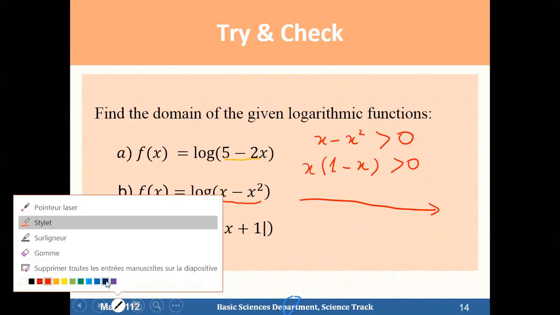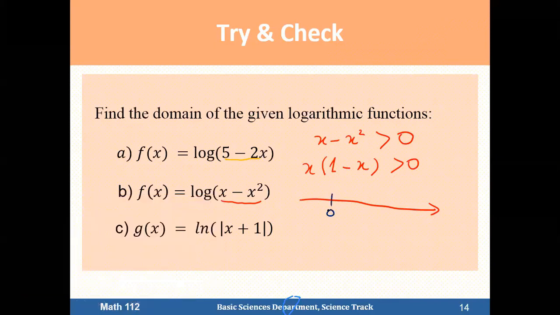You take your point 0 and 1 and you take 3 نص. الآن تاخذ x equal 2 وتعوض هنا تعطيك 2 في 1 minus 2 كم؟ minus 2 negative. Then what is the sign here? Minus.